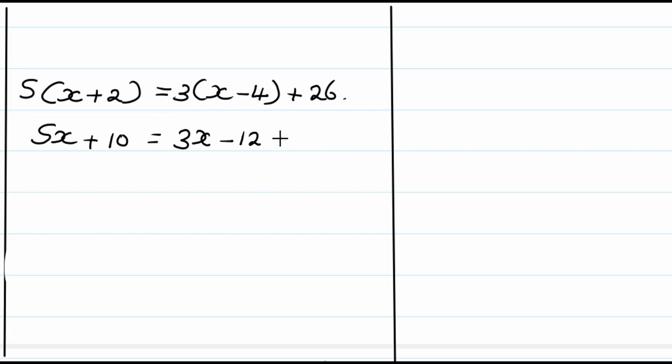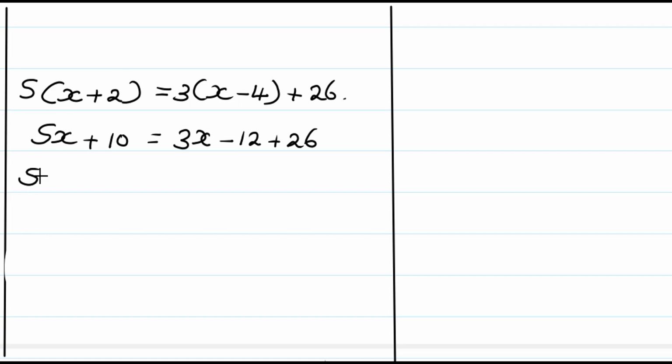Like that, we have opened the brackets, then plus 26, because this 26 was not inside the bracket, so we will not multiply it by 3. Then from there, we'll group the like terms together, the variables and the constants.